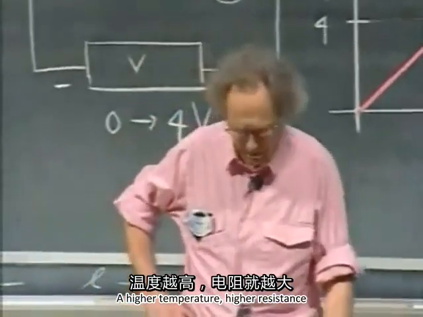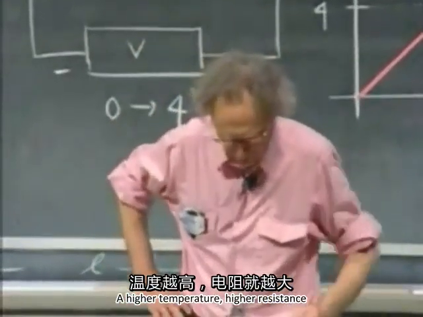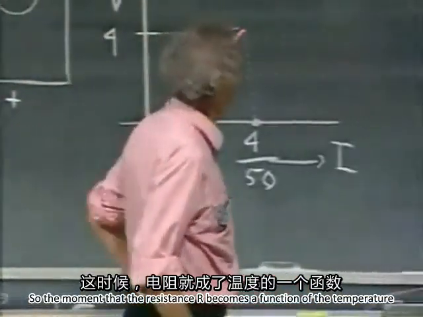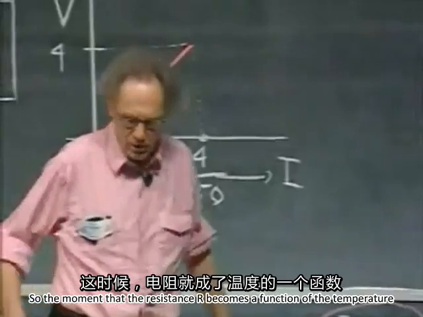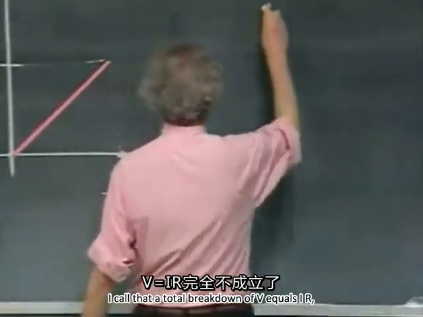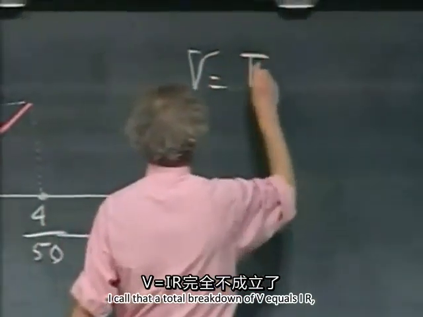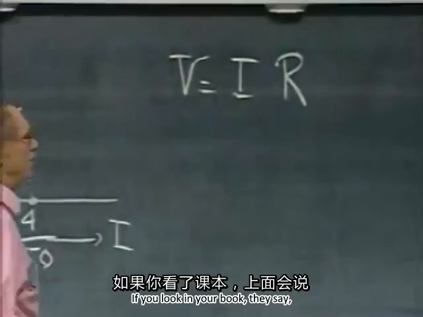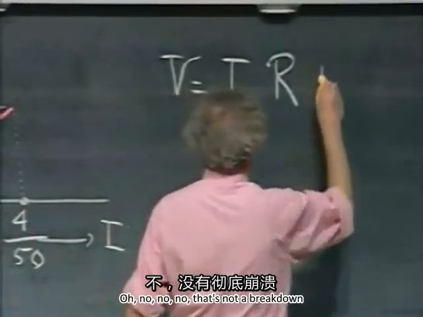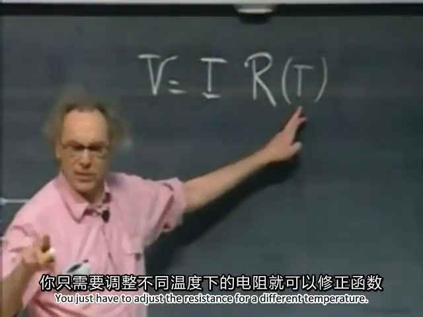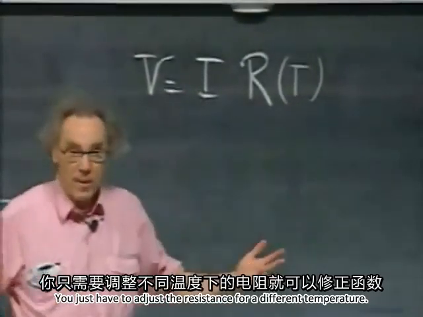Higher temperature, higher resistance. So the moment that the resistance R becomes a function of the temperature, I call it a total breakdown of V equals IR, a total breakdown of Ohm's law. If you look in your book, they say, oh, no, that's not a breakdown. You just have to adjust the resistance for a different temperature.